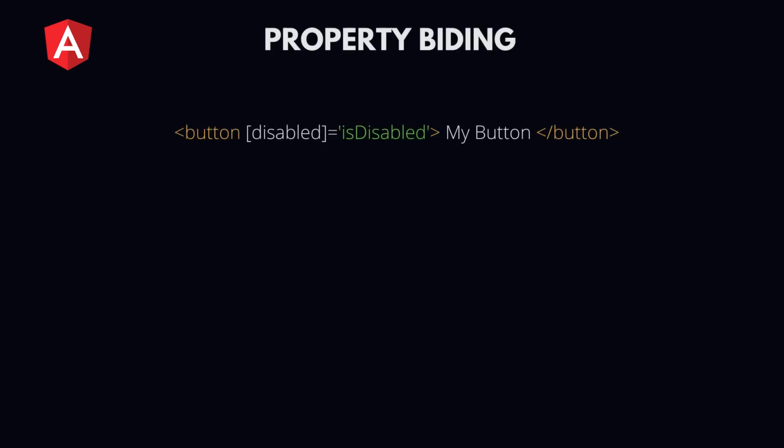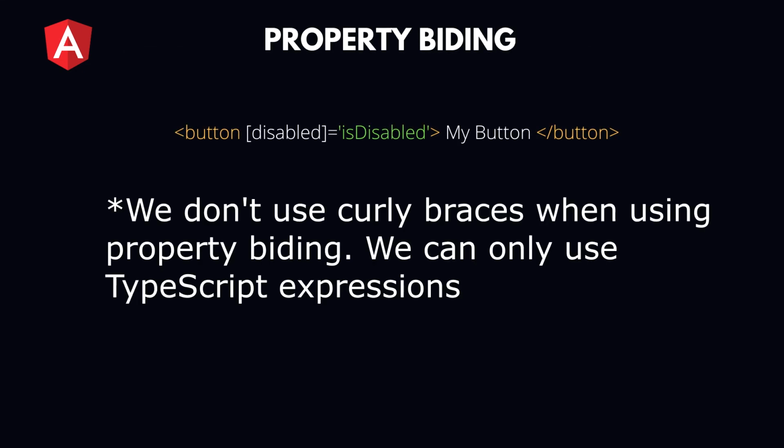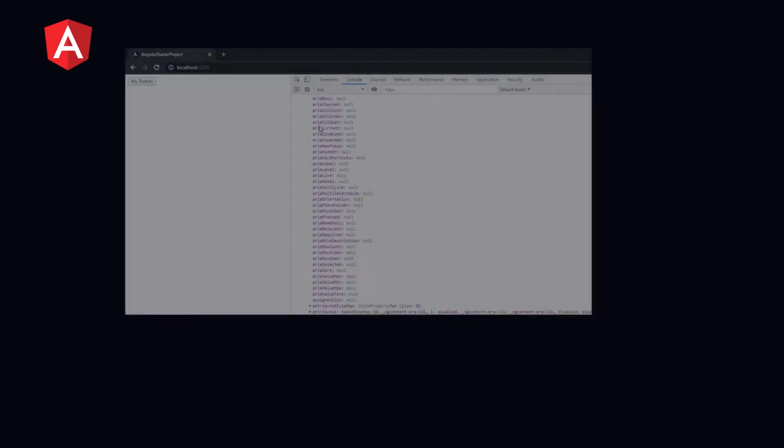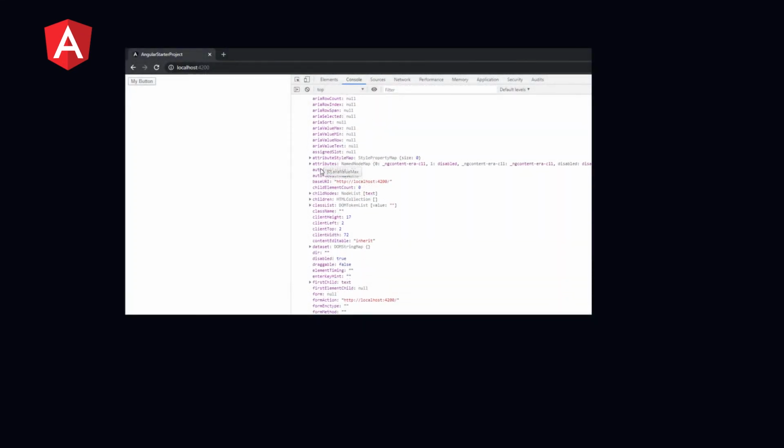Now let's take a look at property binding and distinguish when to use property binding and when to use string interpolation. As I said before, property binding is binding to an HTML element native property with a property from your component class. And just to briefly show you here, I have logged the button element, and all these properties that you see here, you can basically bind to any of them.